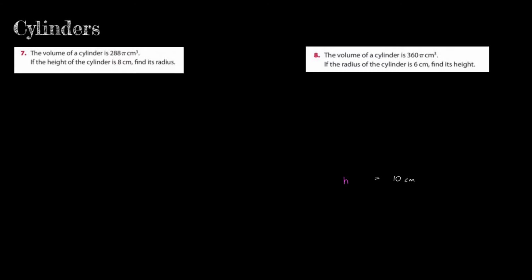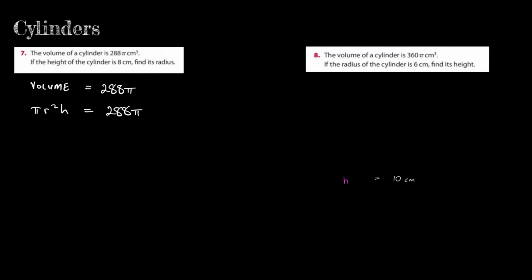So the volume of the cylinder is equal to 288 pi. So pi r squared h is equal to 288 pi.